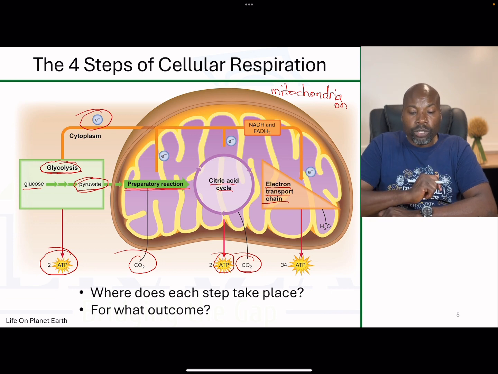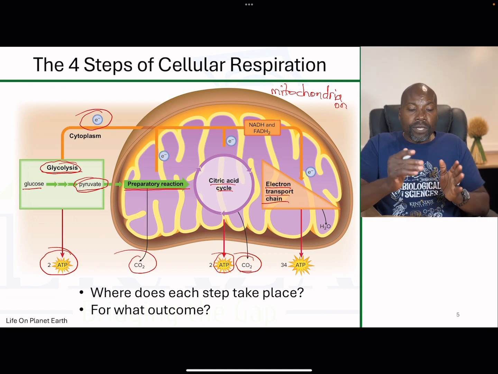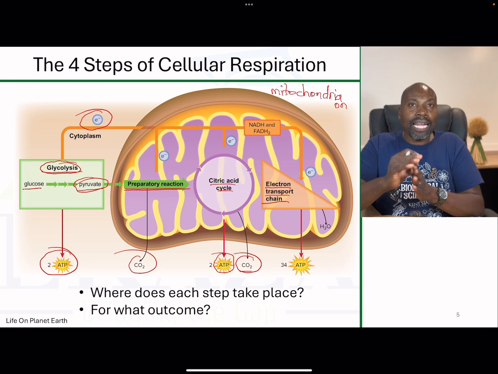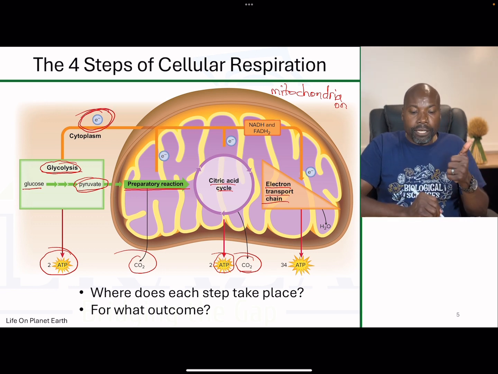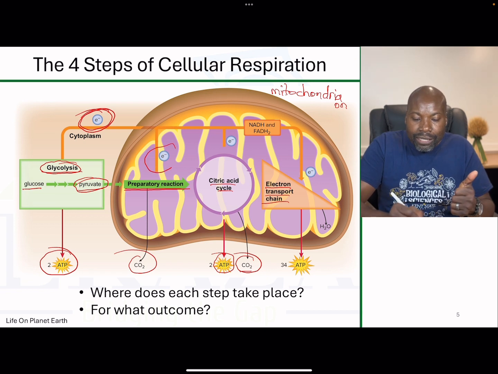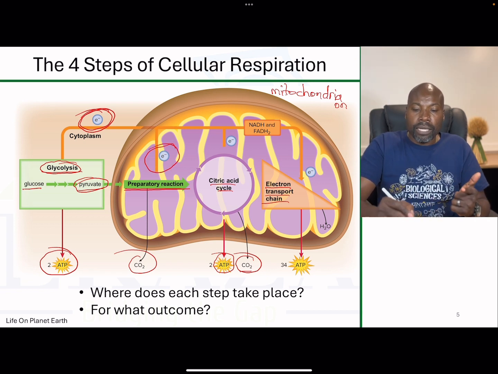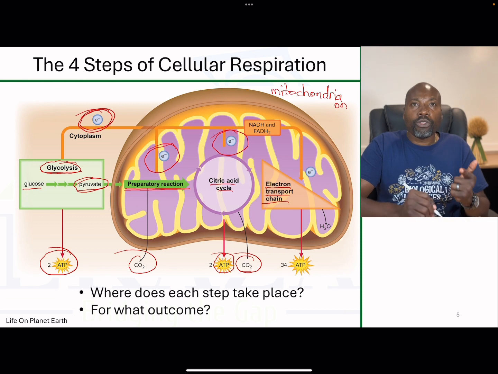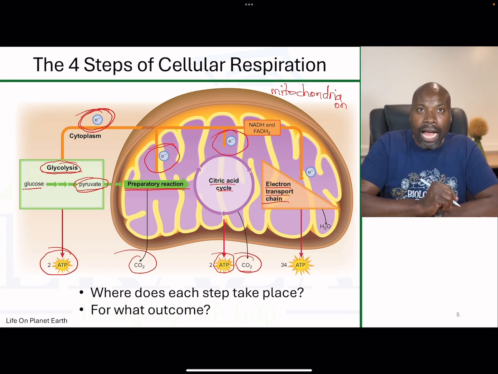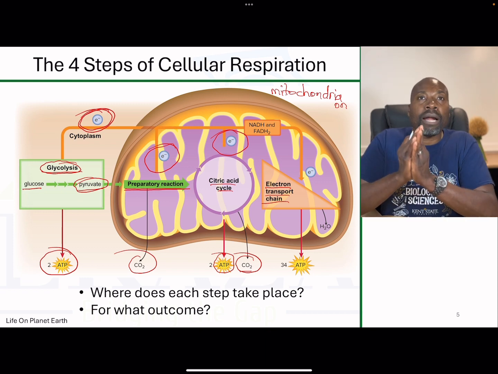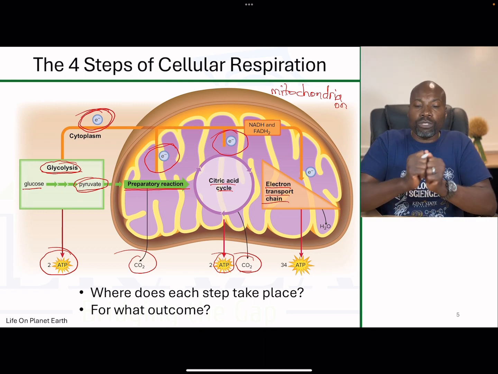That electron transport chain is fueled by all the electrons that are released during glycolysis 1, the transition step 2, the citric acid cycle 3, so that at the end of the day, you are going to have a bunch of electron carriers that are carrying electrons.